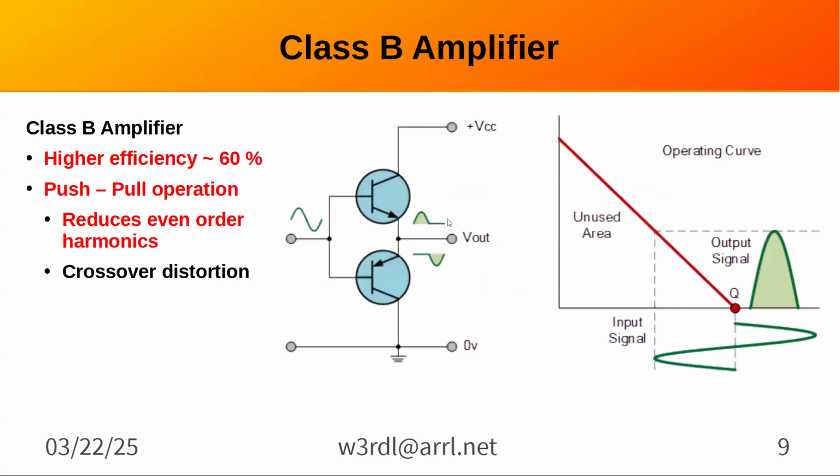A Class B is normally a push-pull amplifier, so you have two devices, and one is conducting on one half of the cycle and one on the other. But you do have that crossover distortion problem, where, as you mentioned before, at zero, it's not conducting in that threshold region. Why is this one more efficient?